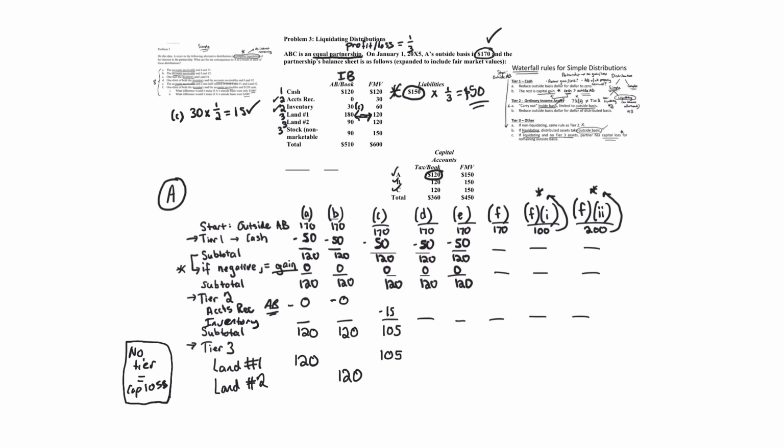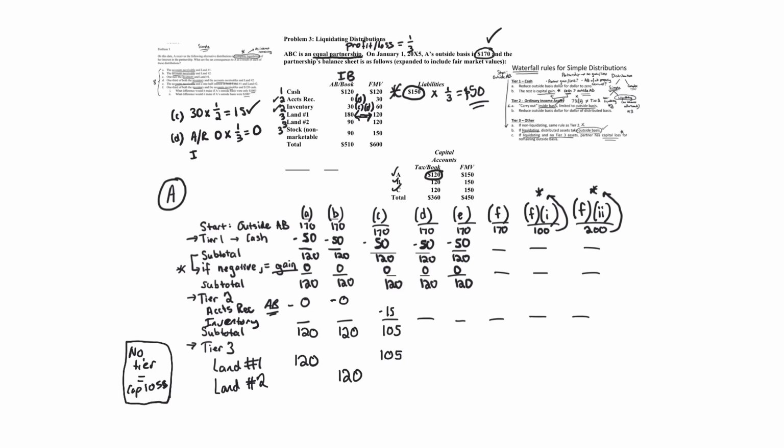Okay, in D, 1/3 of inventory and accounts receivable, so 1/3 of each of those, and land 2. Now we have accounts receivable and inventory. So I'm going to put a D next to accounts receivable, also next to inventory. We're going to calculate those amounts. For accounts receivable, that's 0 times 1/3 because A is receiving a 1/3 interest.